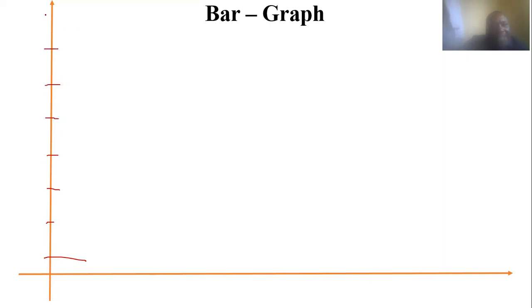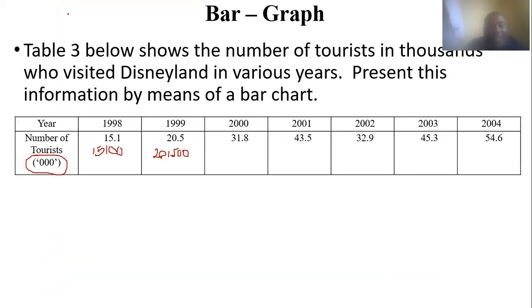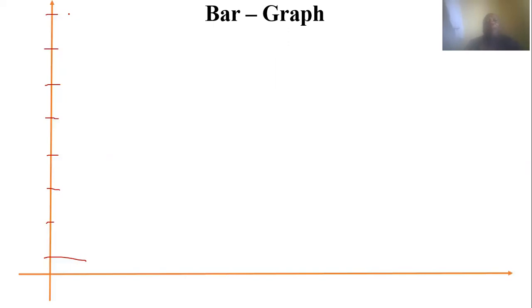And we look at our data here. We see that the highest is 54.6 and the lowest is 15.1. So we should have our scale being able to accommodate all these values. So we would start with 0. Then this one should not be at that point. This one should be here because we're supposed to have a uniform scale.